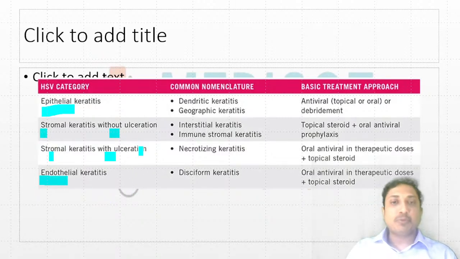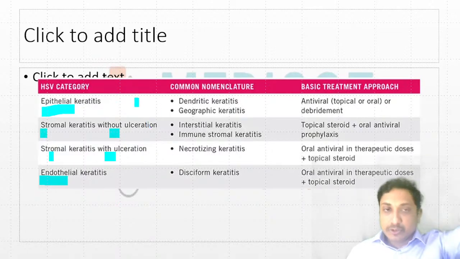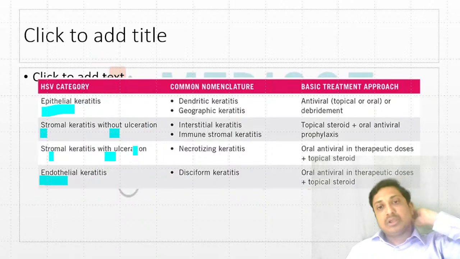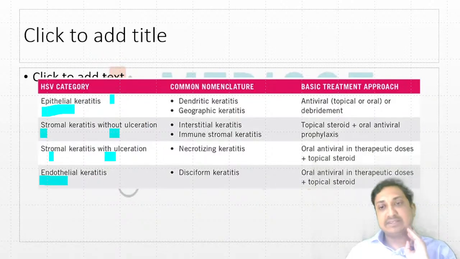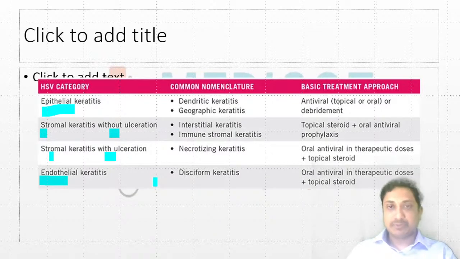Can you tell me in the comment box in which of these 4 categories you will not use steroid? In which of these 4 categories is the steroid contraindicated? Tell me in the comment box.